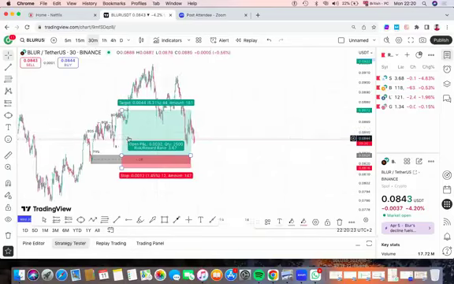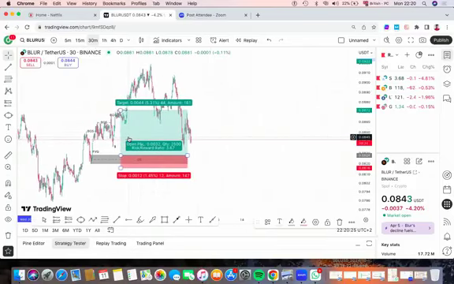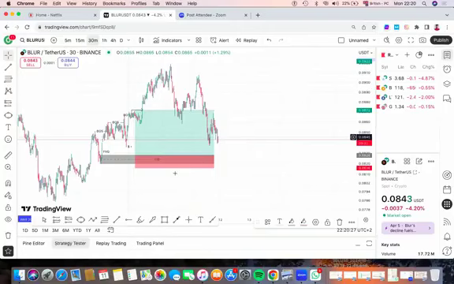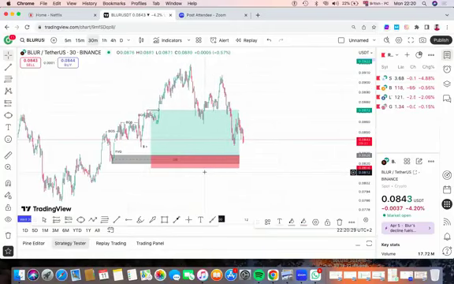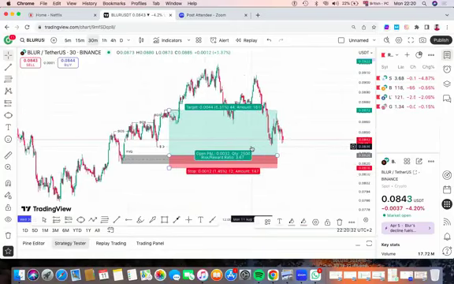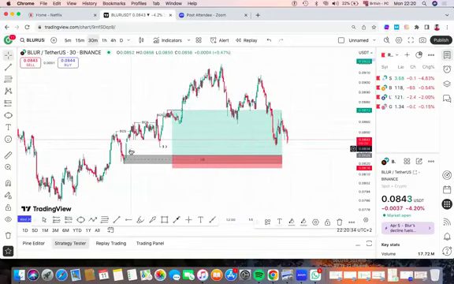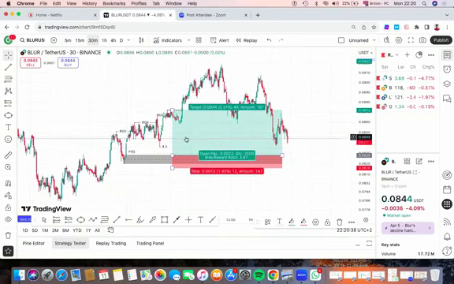I dropped this analysis, I think 2 days ago, but we are still waiting. And what is the market currently doing? It's coming to our fair value area, where we believe it's a fair price.